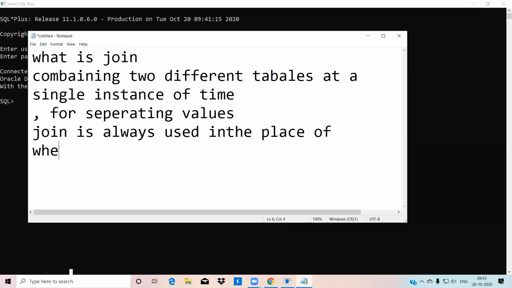Joins are being used in the place of where clause.